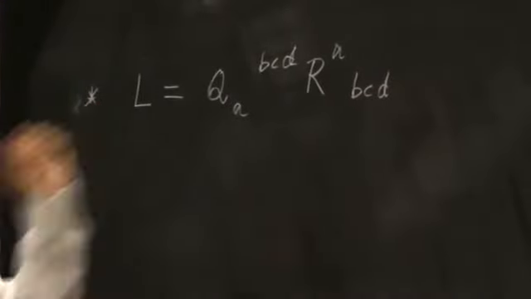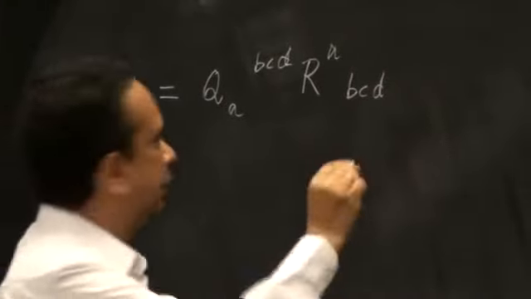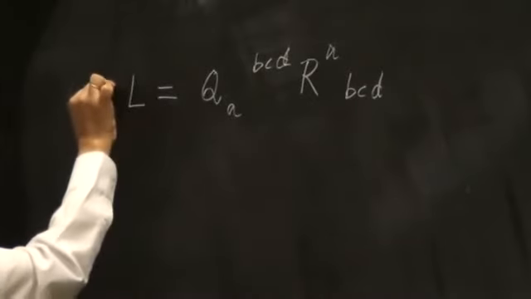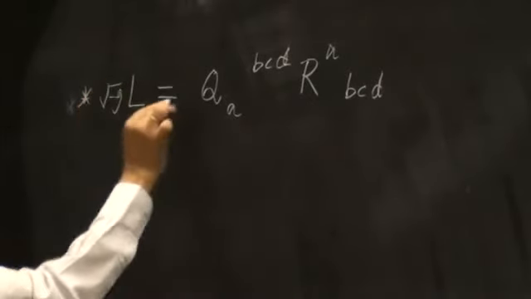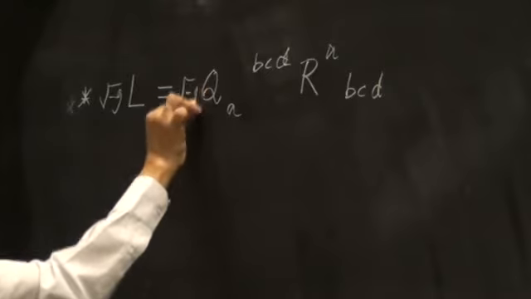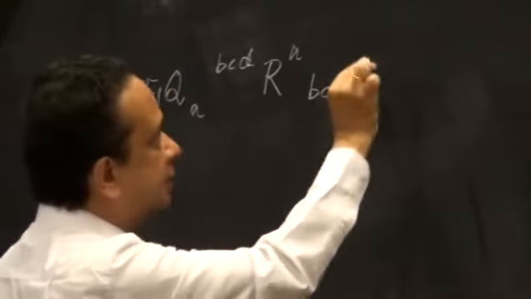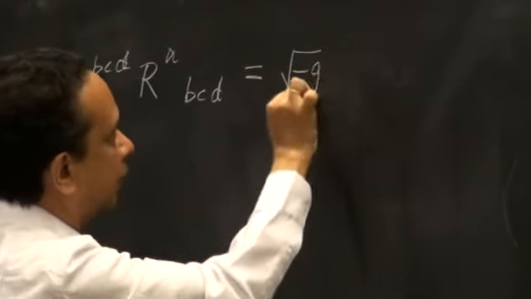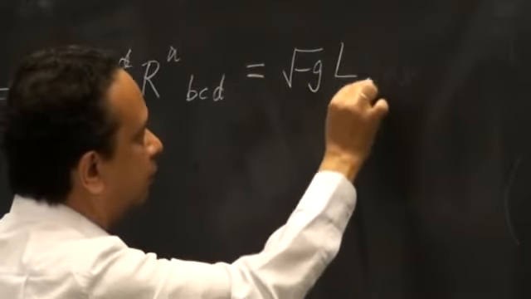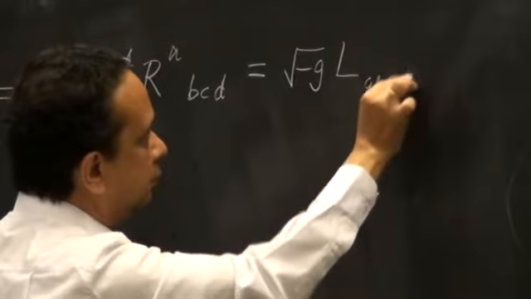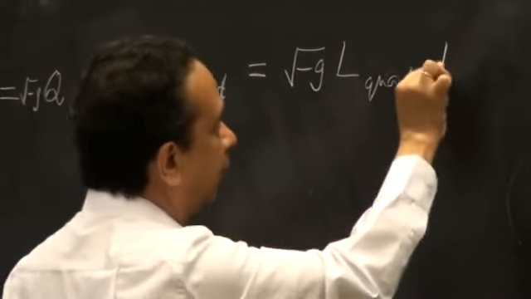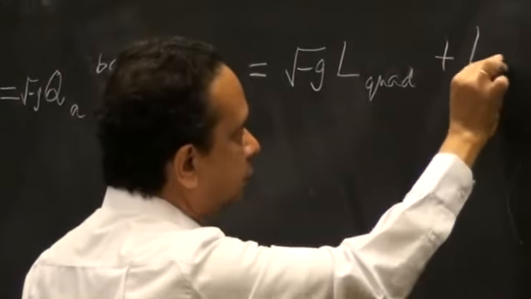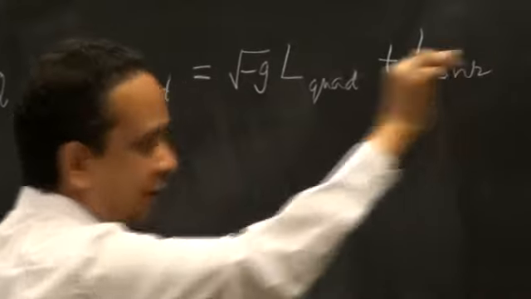And I told you that in all these theories, if I put a root minus g, this can be expressed as root minus g times an L quadratic plus an L surface. This I had already shown you.